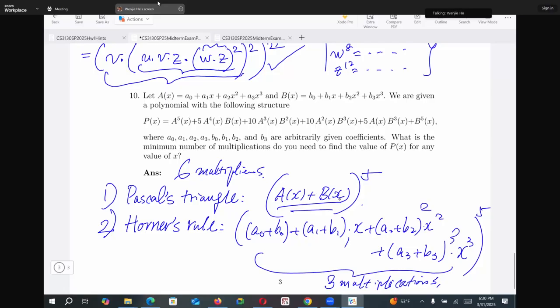So they doubled it. By Horner's rule, we only need to use 3 multiplications, but those students doubled it, so they gave me 6. So you can see, if you understand our homework solutions, you cannot miss it. So many students did.